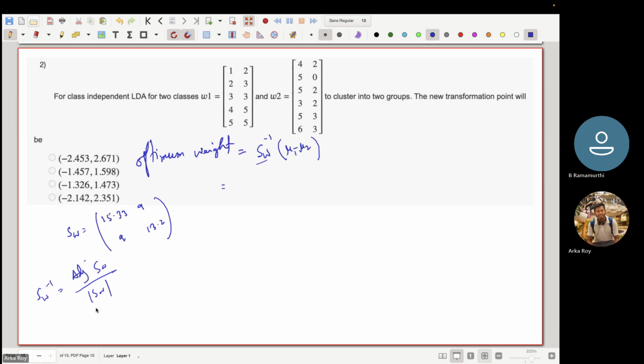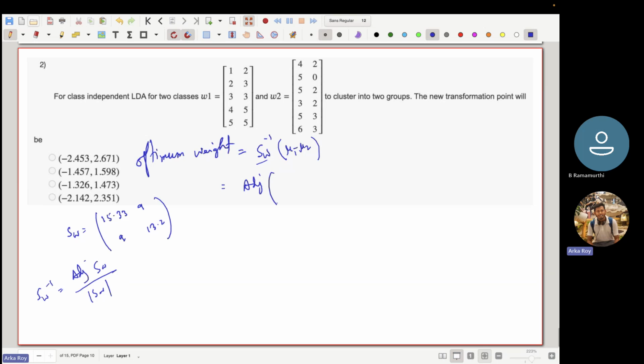So let us now start calculating this, which is very odd. And mu1 minus mu2 you have already seen.